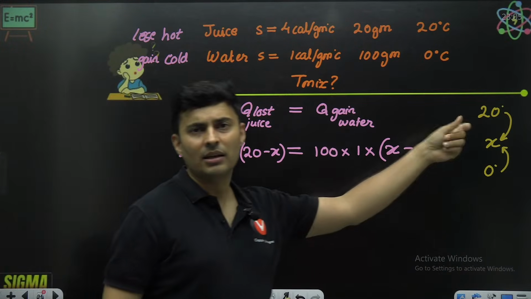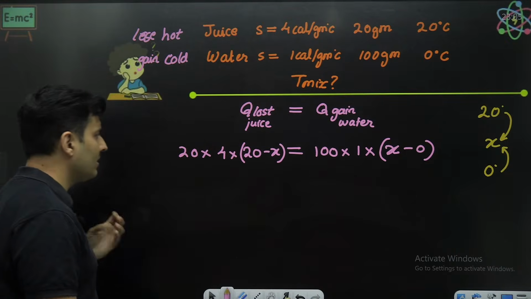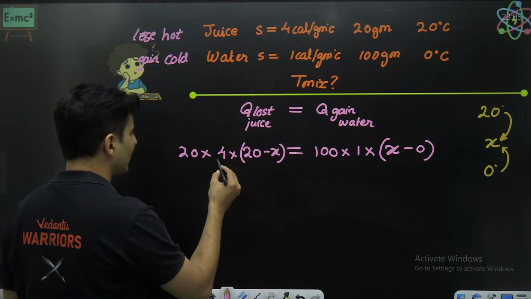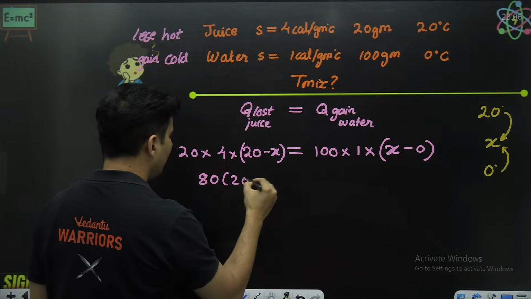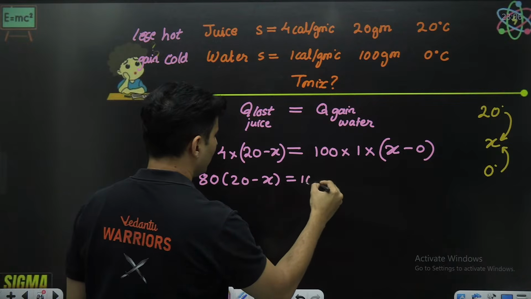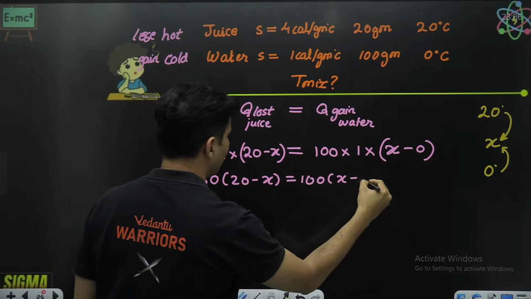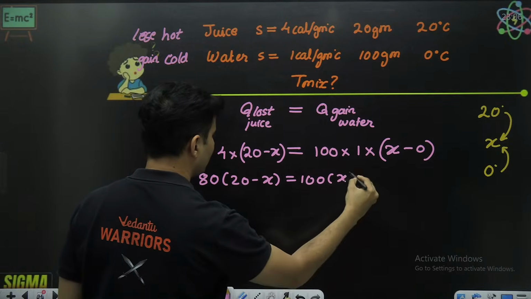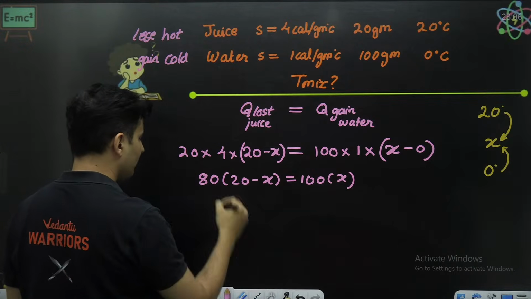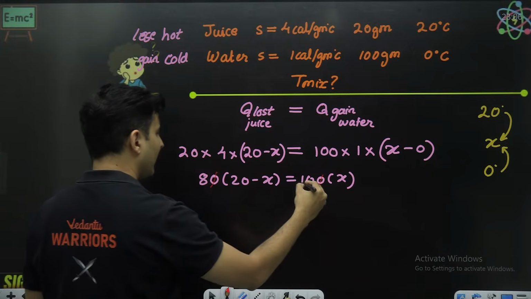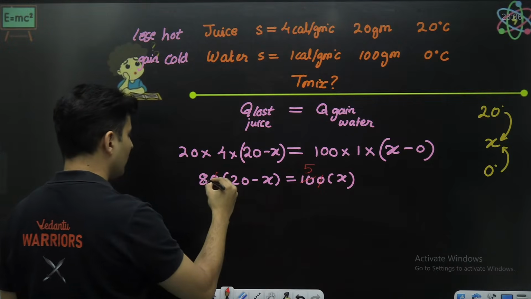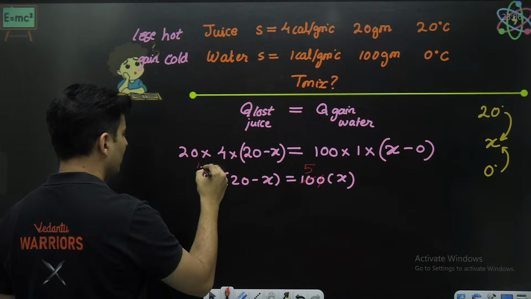Drawing the simple flowchart can also give you the answer very quickly. 20 into 4 is 80. So we'll have 80 multiplied by 20 minus x is equal to 100 into x minus 0, which is just 100 into x. The 0 and 0 cancel here. In fact, 10 also cancels with 2 and 8 cancels with 2, becomes 4.